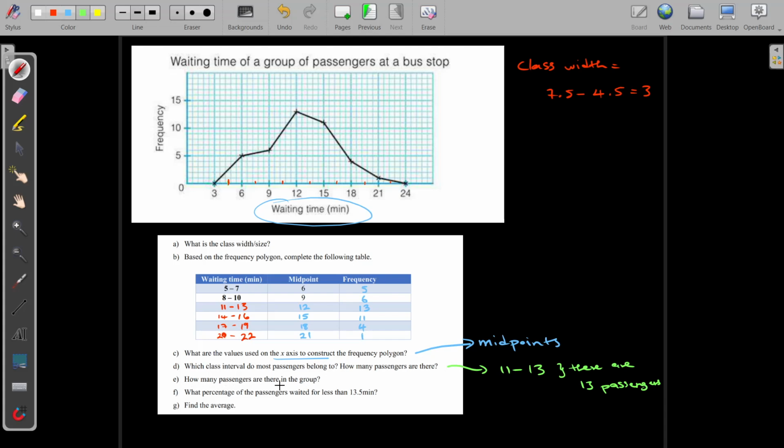How many passengers are there in the group? We can simply add up all the frequencies. So 5, 10, 21, 27, 30, 40. So there are 40 passengers in the group.